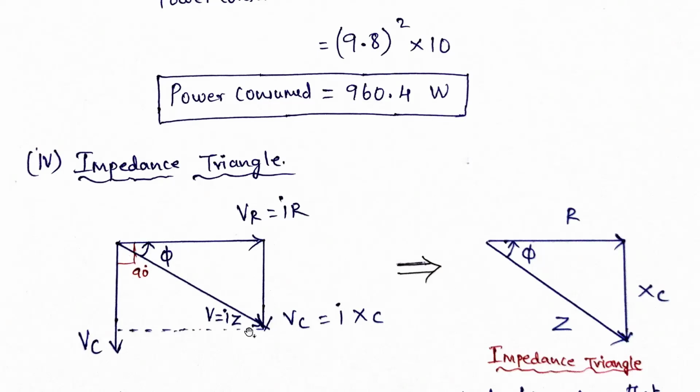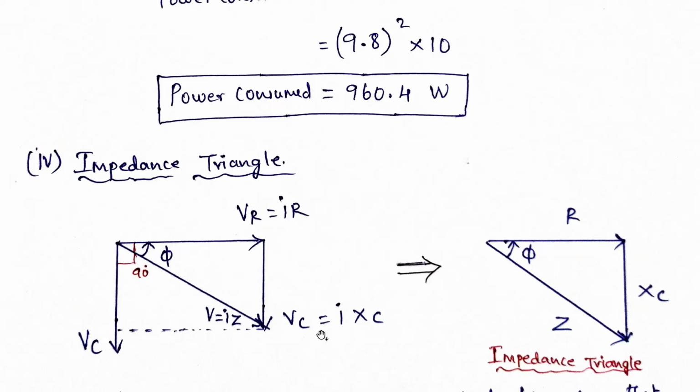So resultant is what? V. Okay, this is VR, and this is VC. Between VR and VC the angle is 90 degrees apart. So in the right angle triangle, this part is equal to this part. This VC we are drawing over here.